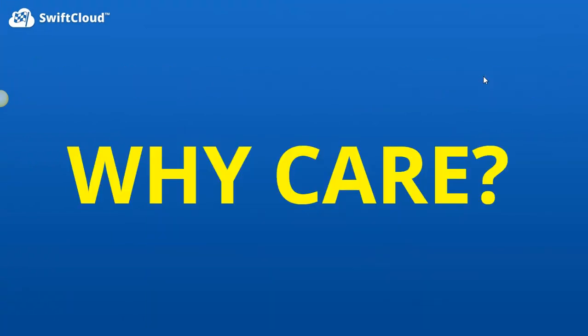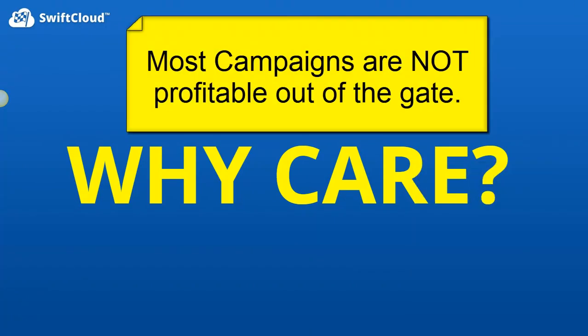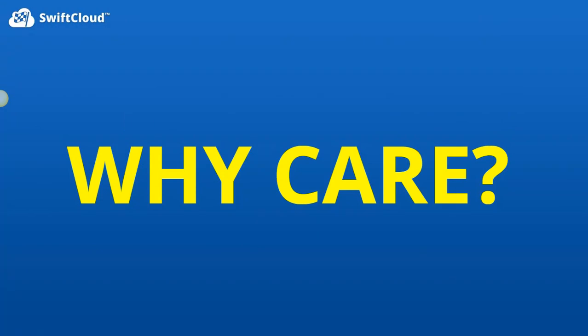Number one, why do we care? The first reason you should care so much is a culture of experimentation. If you're a copywriter, for example, you want to be able to very quickly test ideas on headlines. That is the dirty secret: most campaigns are not profitable out of the gate. So you need to be experimenting with the headline, the offer and the alignment.